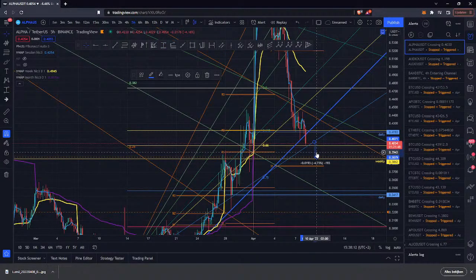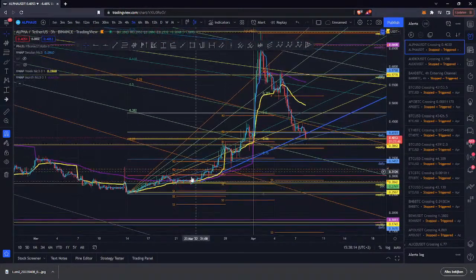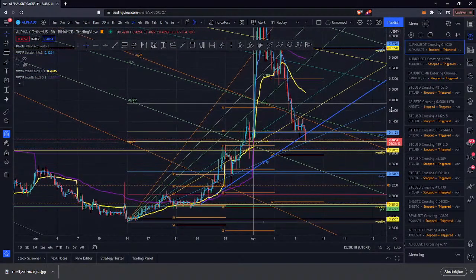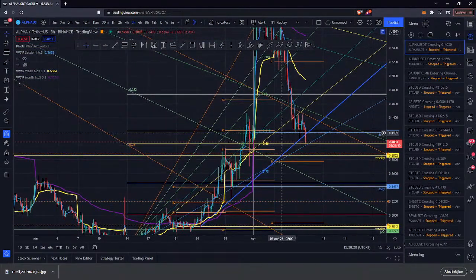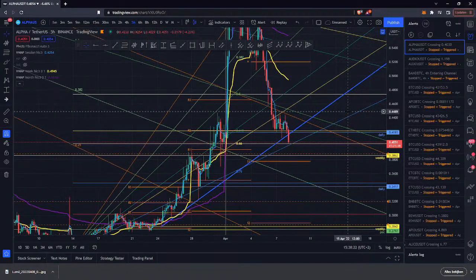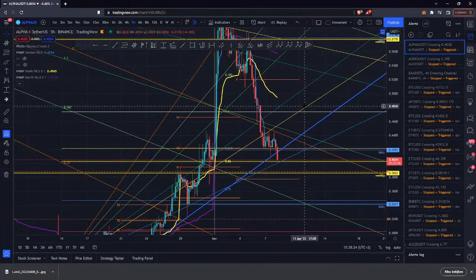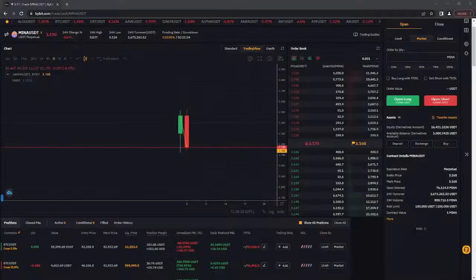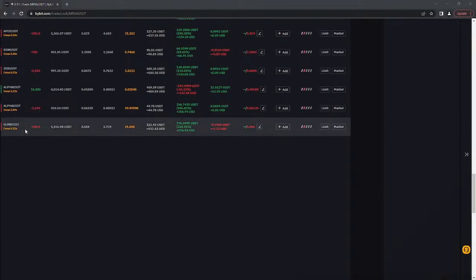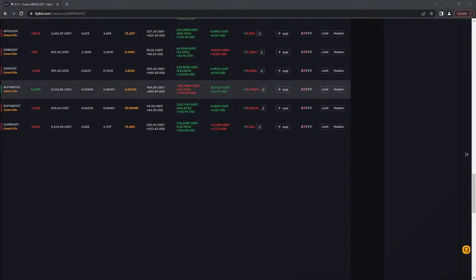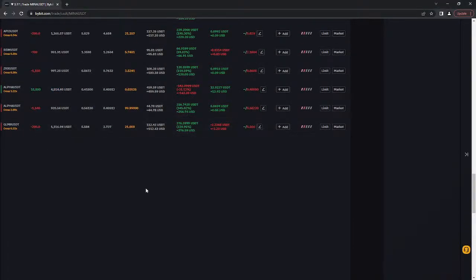Also a newer alt on Bybit that got that insane rise and now is giving everything back. Testing that trend line. So if Bitcoin bounces, it might still bounce. I think we are still in the Alpha long. Let's see, it's one. Yeah, we're still in there. We're also still in the short.